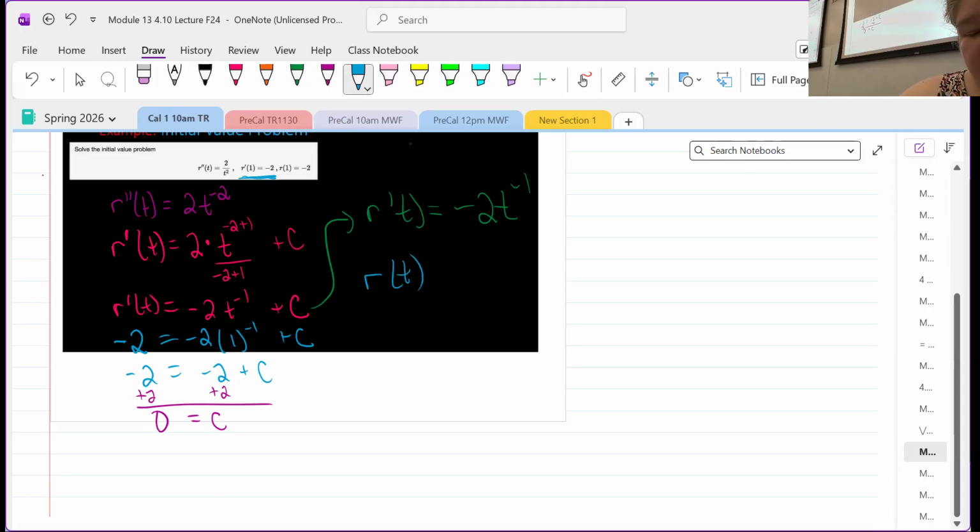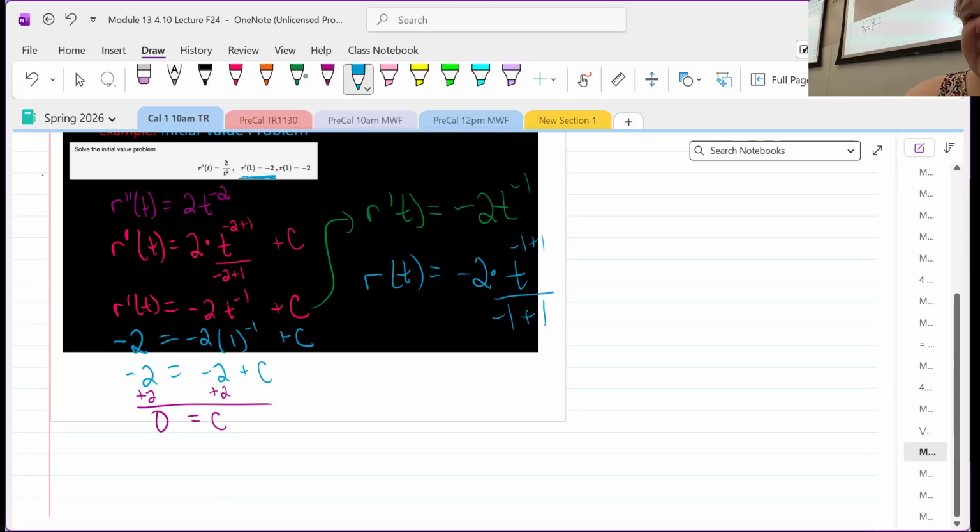All right, so now we're going to do the antiderivative. So I have -2 times t to the -1 plus 1. All right, -1 plus 1 is 0, but then I'm supposed to divide by -1 plus 1. And now we have a problem because we just wrote divide by 0.